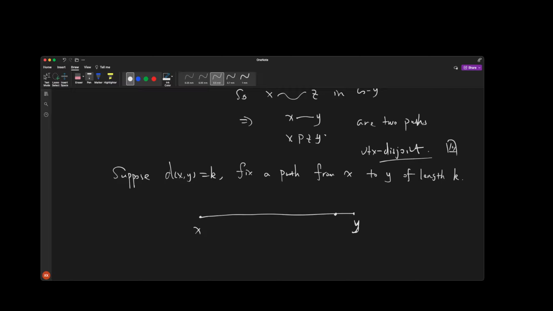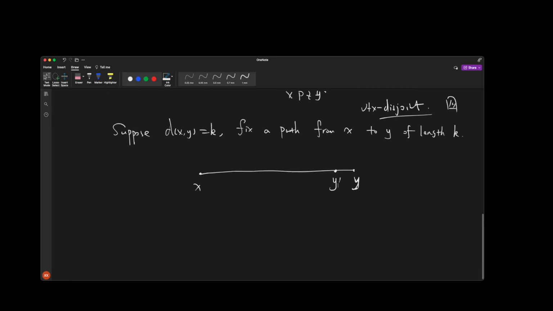And I want to name this vertex Y prime, because I want to say something about it. It is the final neighbor of Y along this path, the predecessor of Y.